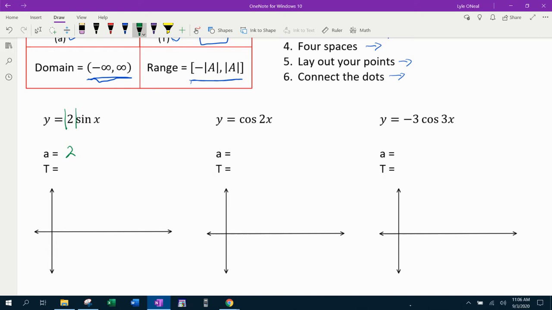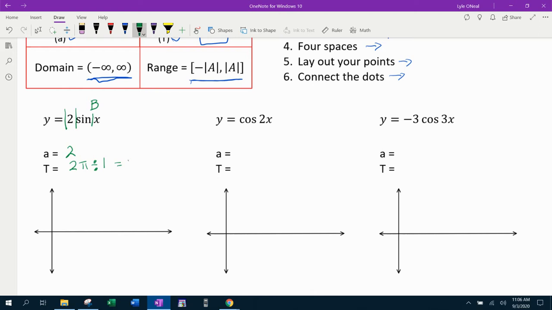The period is 2 pi over b. Now, you can write it as a fraction, or you can say divided by. Since I'm limited on space, I'm going to say 2 pi divided by whatever b is. b is the coefficient of x, and so in this case, b would be 1.